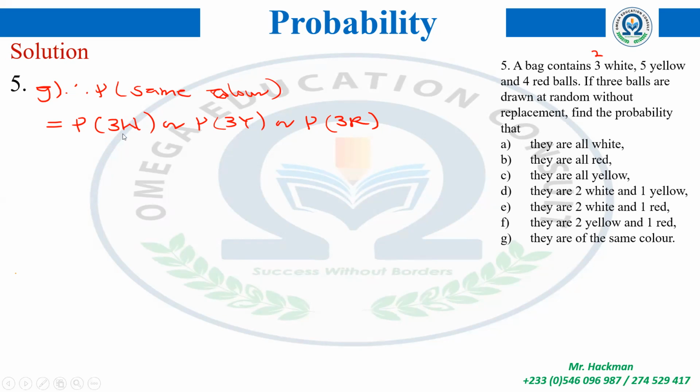If you write 3 white, when you do your combination, there will be an error, because you would be writing 2 combination 3, and you cannot have 2 objects and select 3 from them. Not on this planet. Okay, all right. Take note of that.